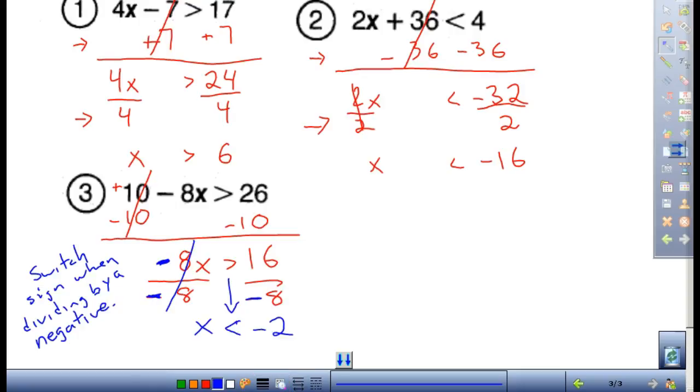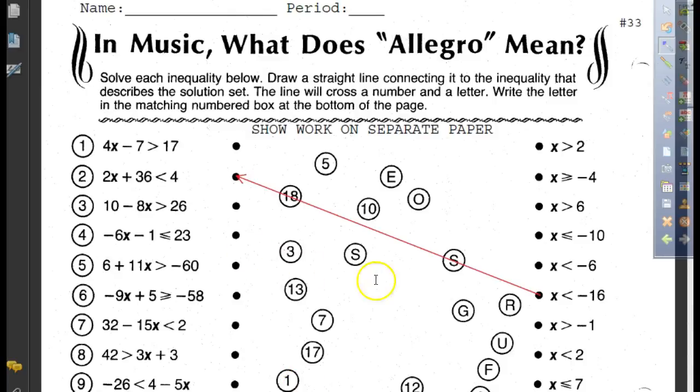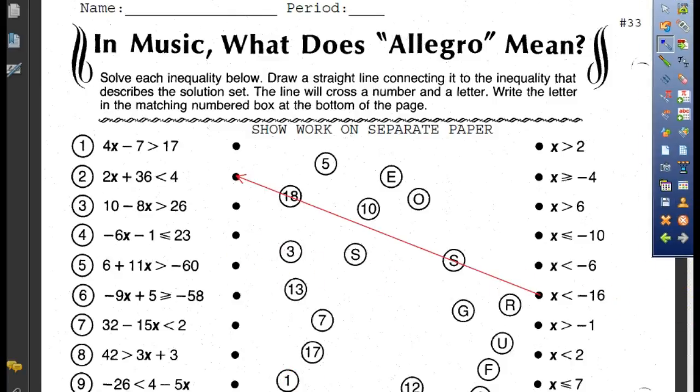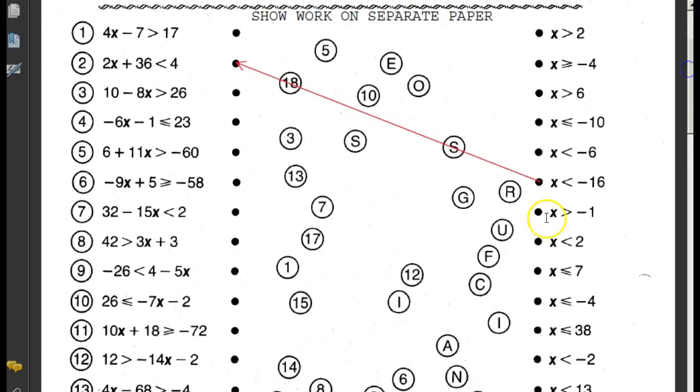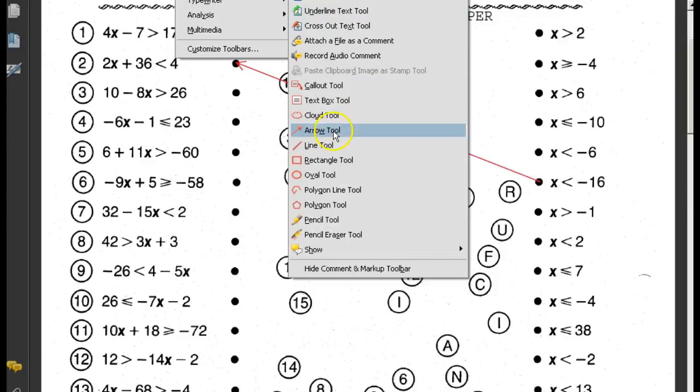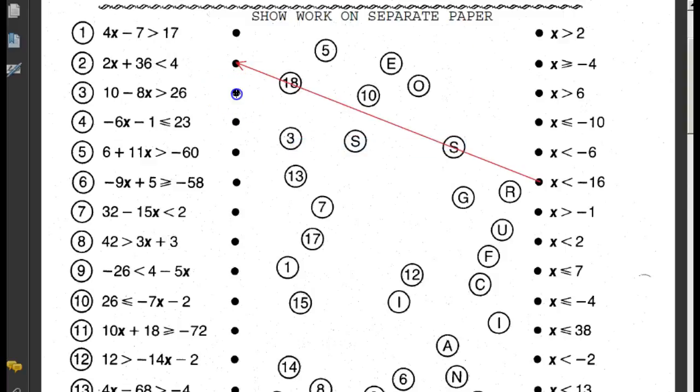So let's go back here. We need to look for x is less than negative 2. So we go here. X is less than negative 2. Found it. Let's see. I go here, here, here. X is less than negative 2. So 3 should be, assuming that's an L or an I, not sure.